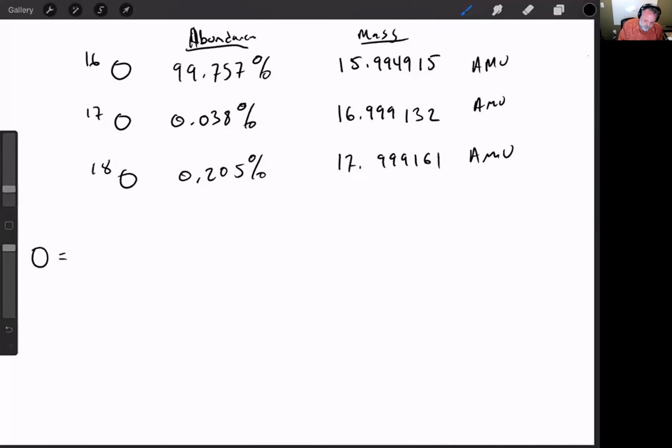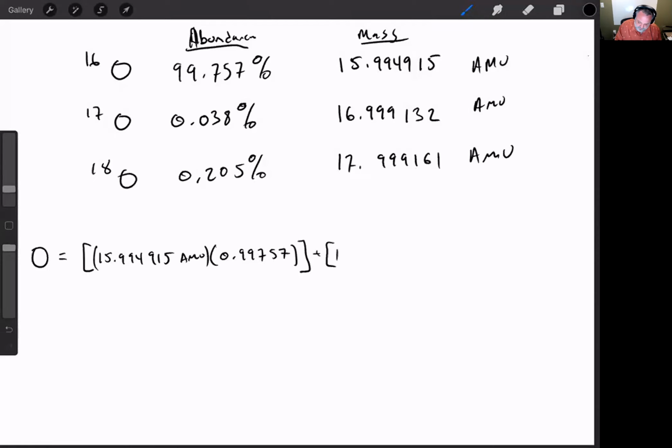So oxygen would equal the mass of the first one, 15.994915 AMU, times the decimal version of its abundance, 0.99757.